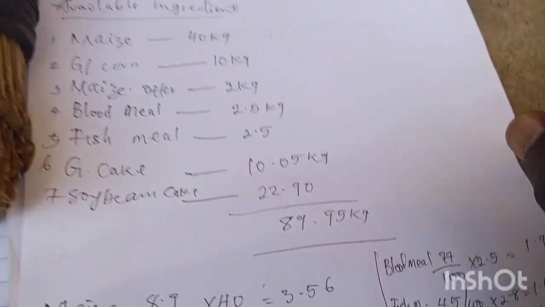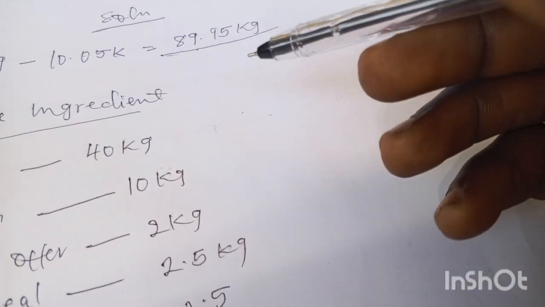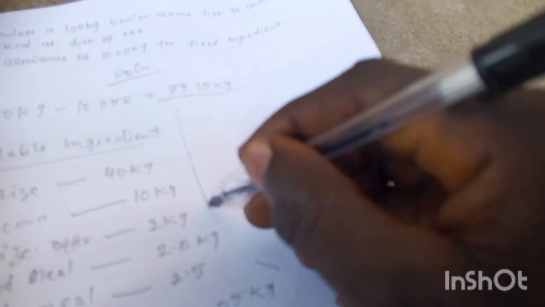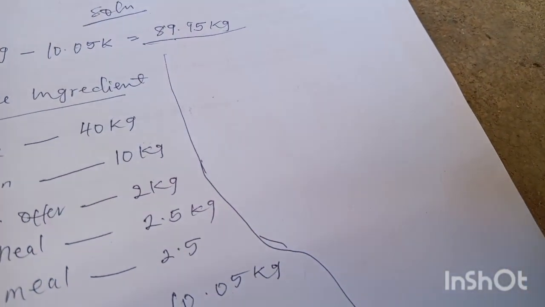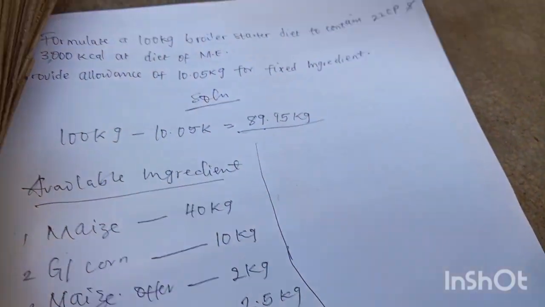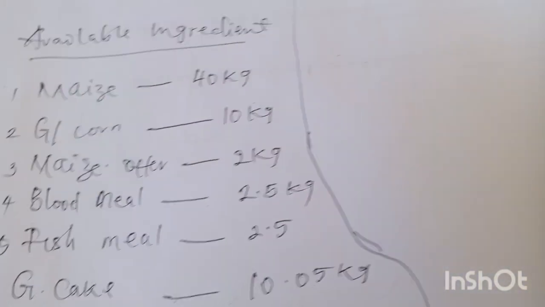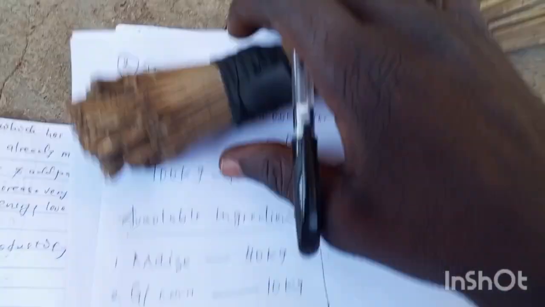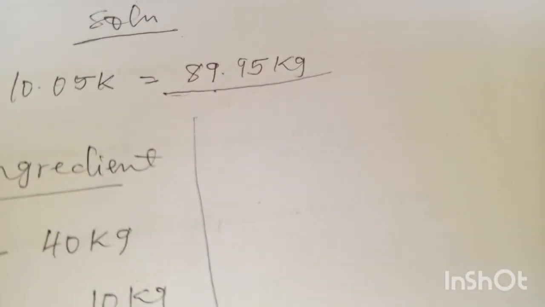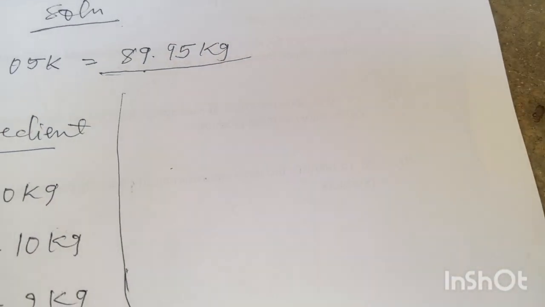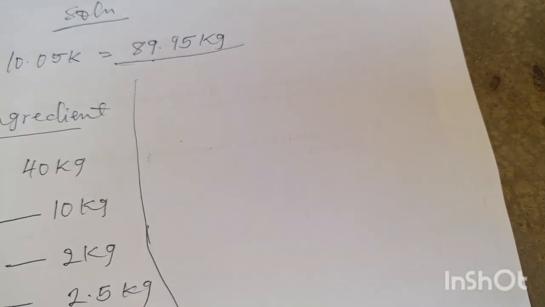So now the next thing we are going to be calculating is our ME. That is our energy. So here we are going to start calculating our energy level for this particular feed. So how do we go about it?